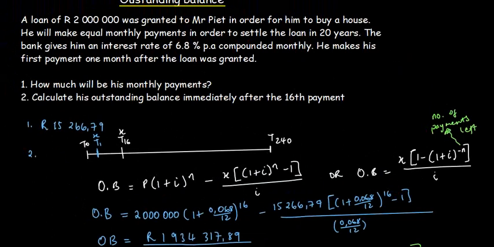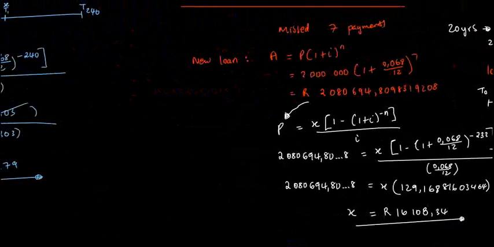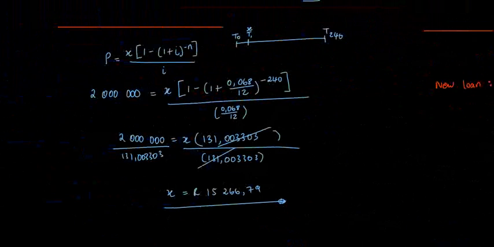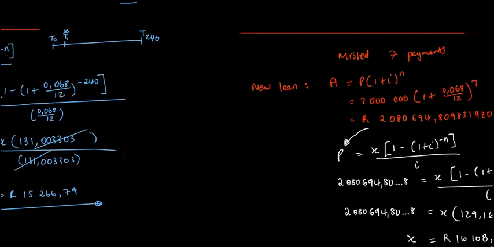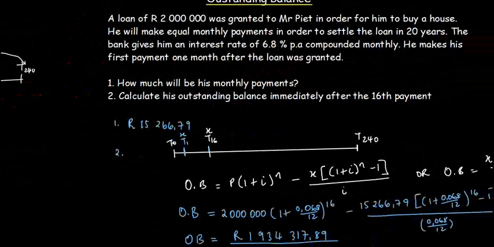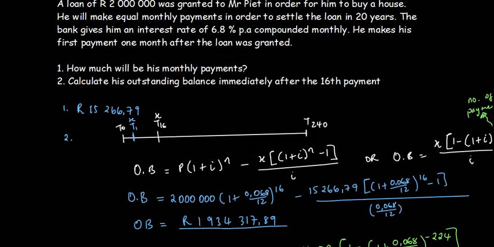So we wanted to know how much his monthly payments would be. We used this formula here to get his monthly payments. The total payments is 240, remember? Then we're able to calculate the monthly payments. Now we want to know what his outstanding balance is after the 16th payment. After he has made the 16th payment, what is the outstanding balance?